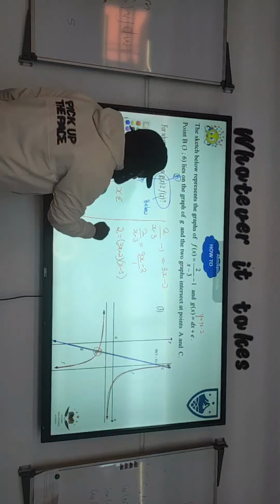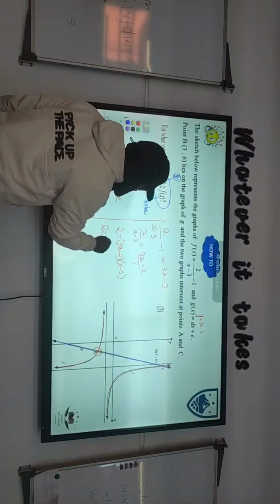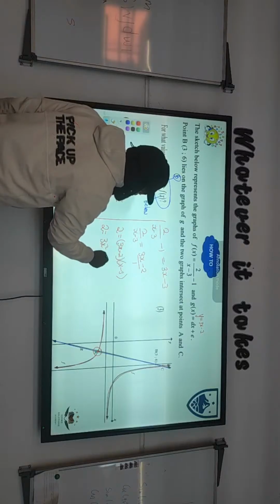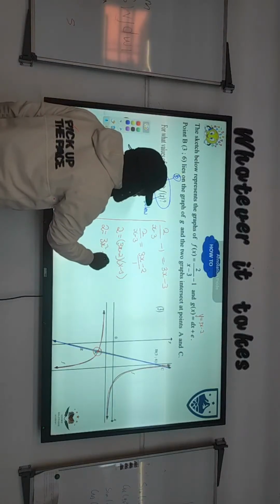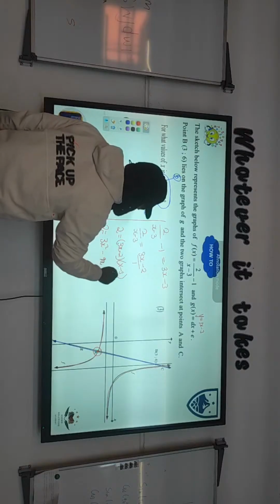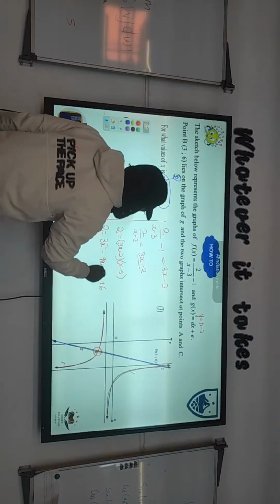And then 2 will be equal to 3x squared minus 9x minus 2x, and then plus 6.